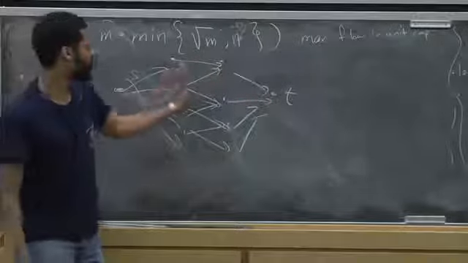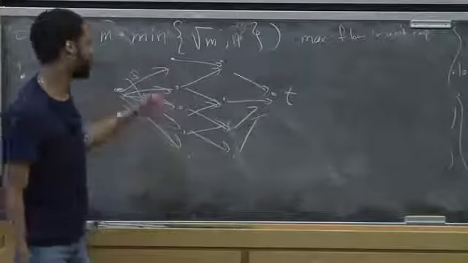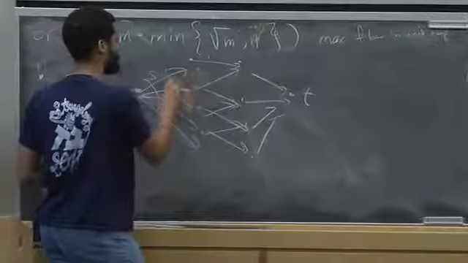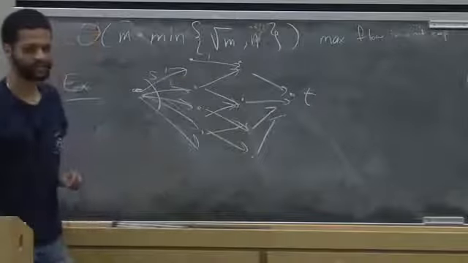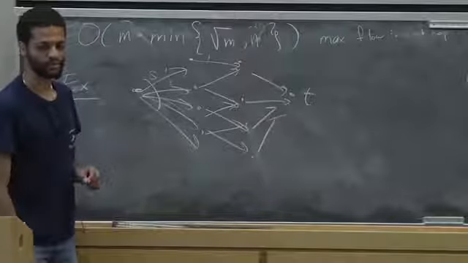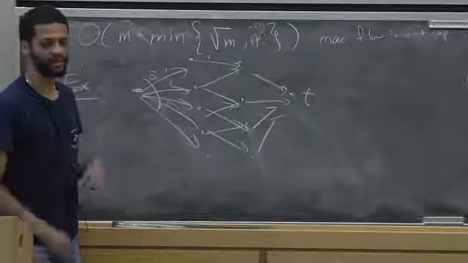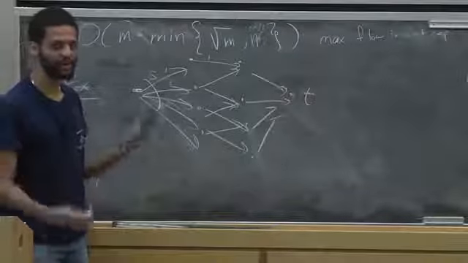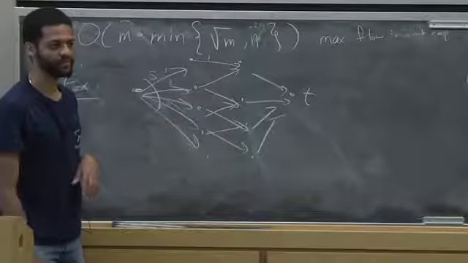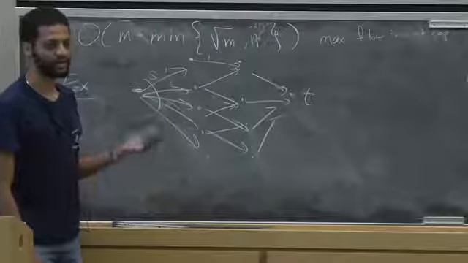All the edges go from this layer to the next, and all these capacities are 1. Where do you see graphs that look like this? I claim, if you've taken 124, that there's a problem we reduced to s-t flow. Yeah, max matching in bipartite graphs.